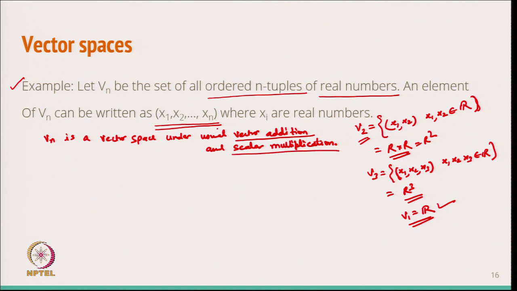Usual means the usual way we take the addition of two vectors, because I know that this is a vector.